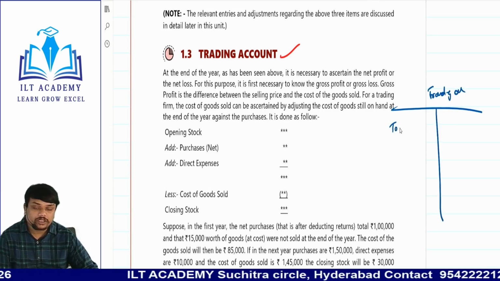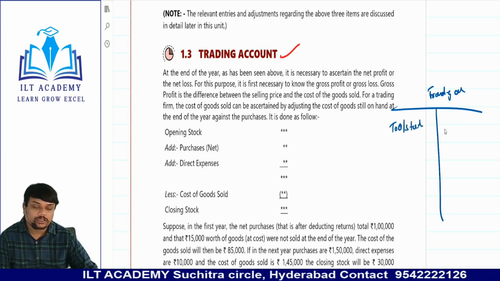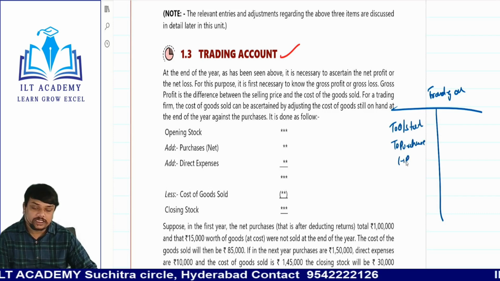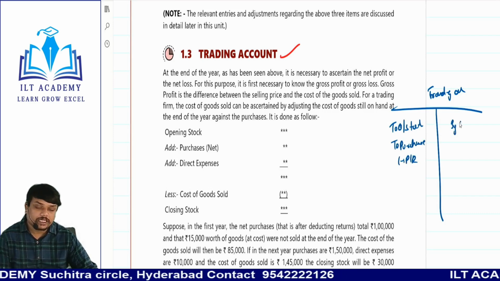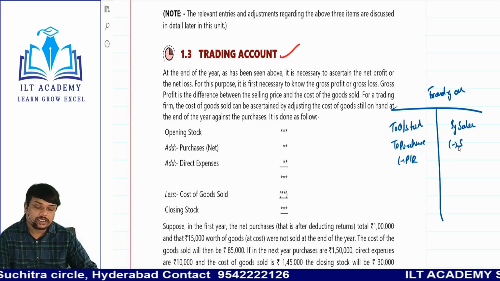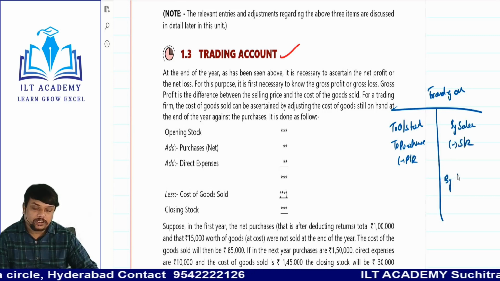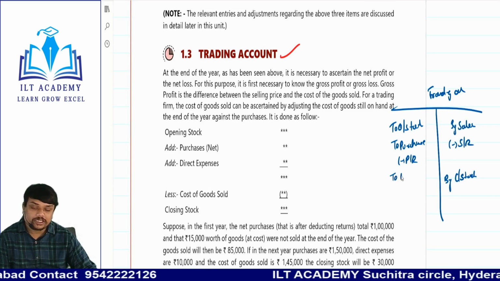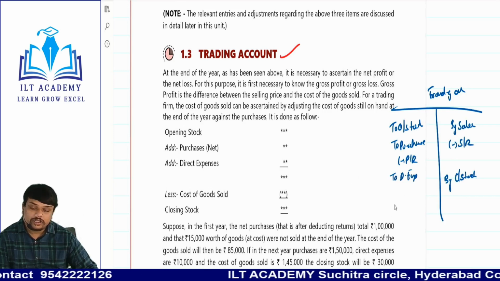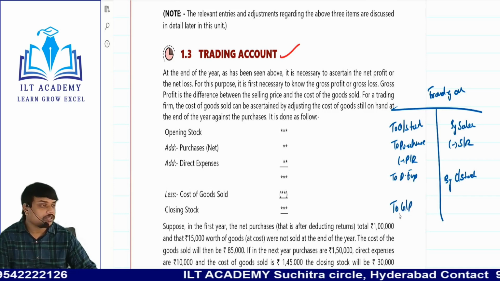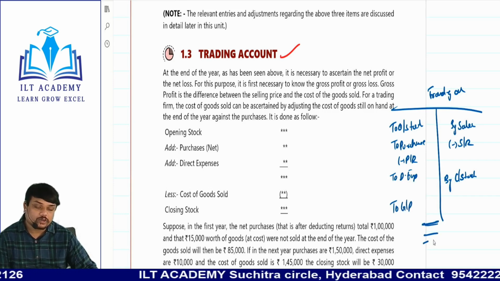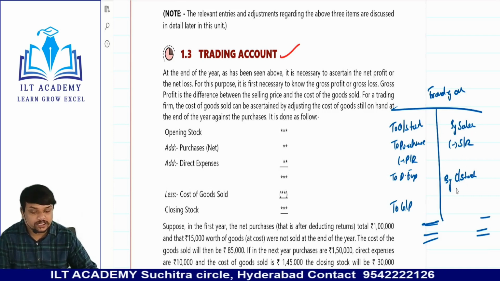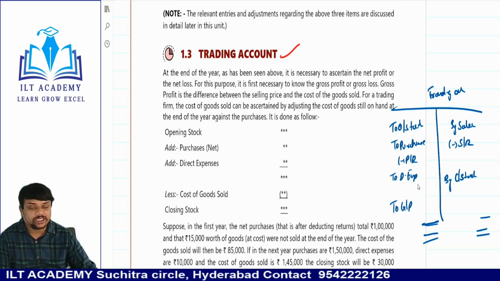Here you are going to record: to opening stock, to purchases less purchase returns, by sales minus sales returns, by closing stock. And there are some direct expenses which are going to come in the trading account. Then finally you will be getting gross profit. Okay, this is how the trading account looks like. Clear? This is the basic proforma.